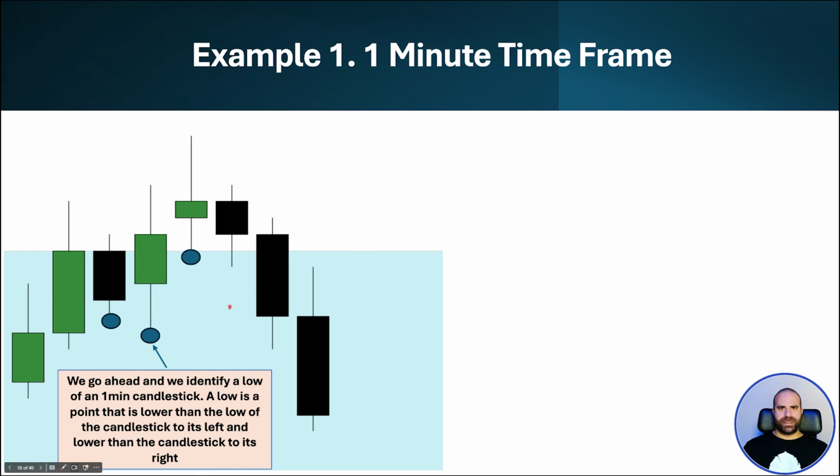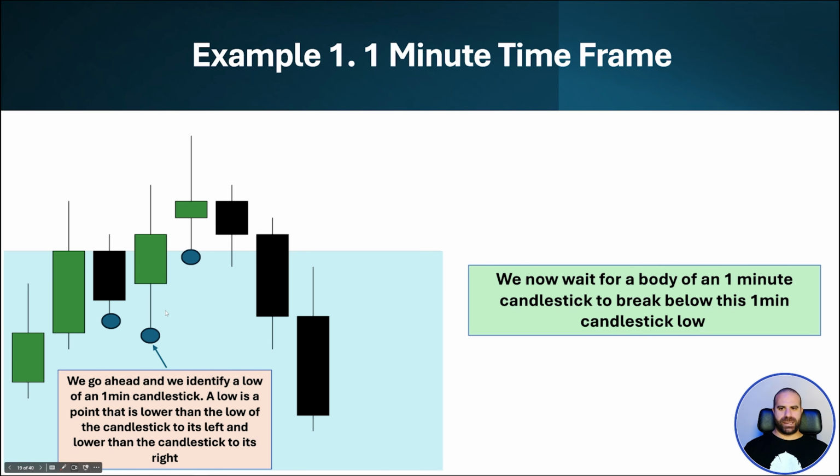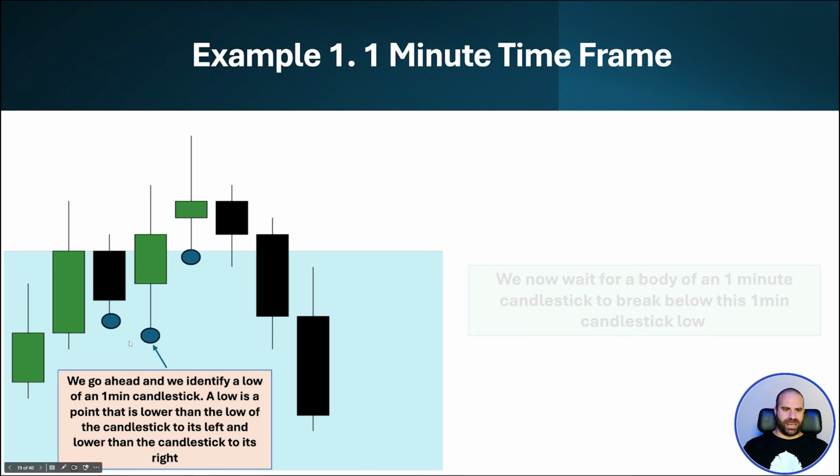We are going ahead and we are identifying a 1 minute time frame low, the first low that we are gonna be seeing. Okay, the first low, let's go one slide backwards, that we see right here is this low right here. Why? Because this low is lower than the low to its left and than the low of the candlestick to its right. And again, we are on the 1 minute time frame now.